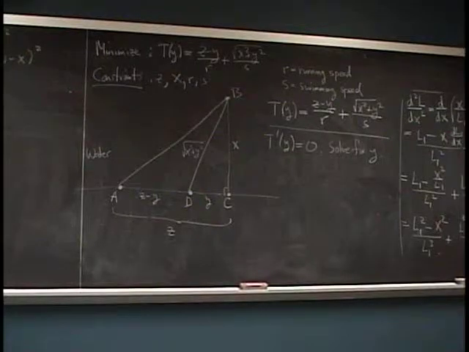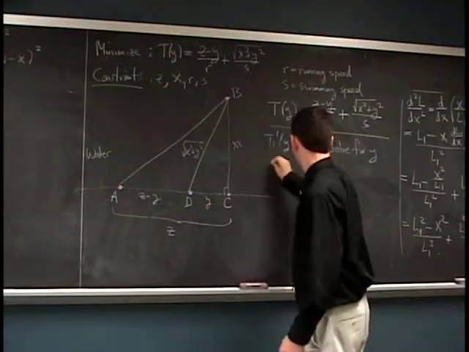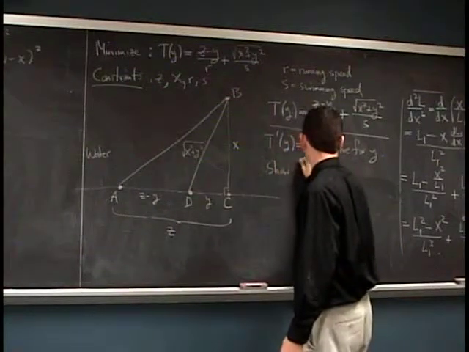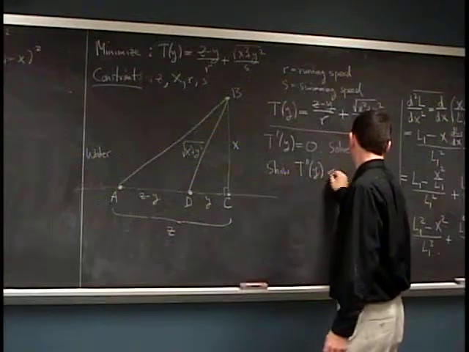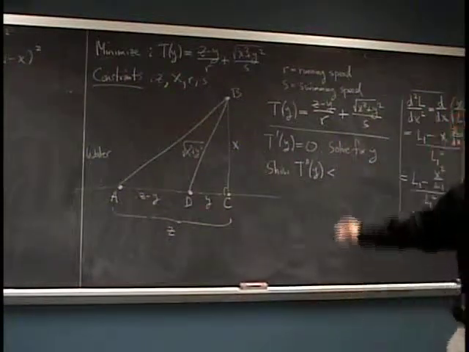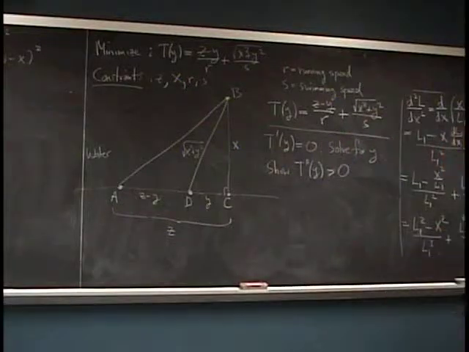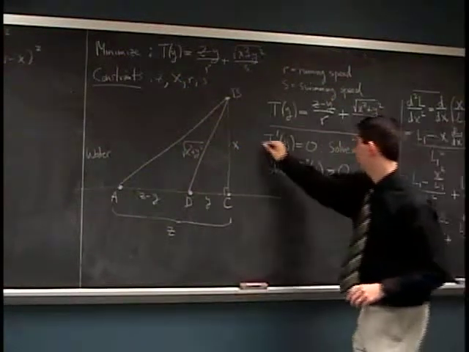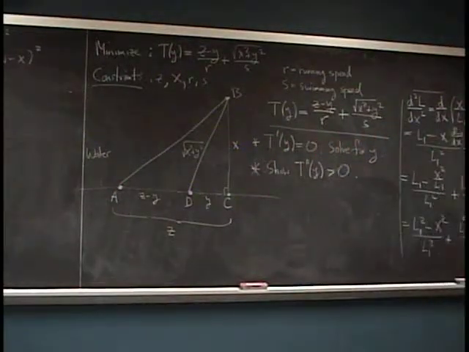And then, of course, you have to show that t double prime of y is greater than 0, because we want to minimize. That shows we're actually getting a minimum. So these are two steps to go and work out.